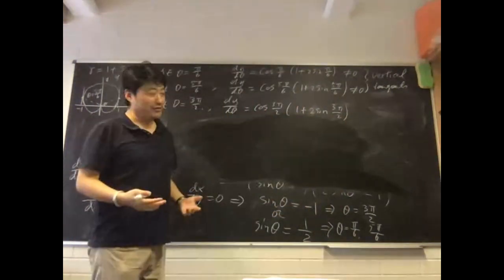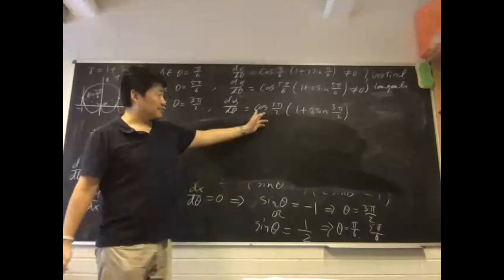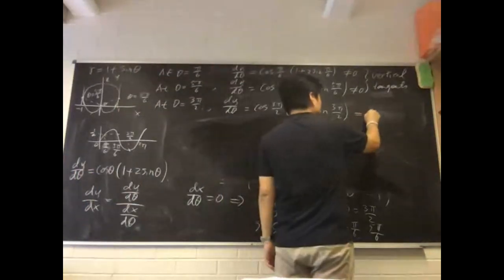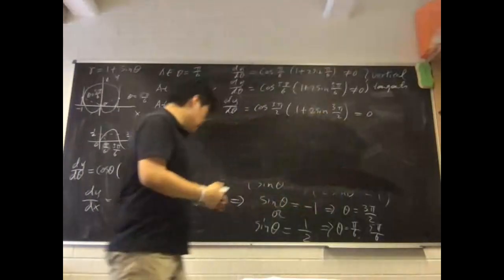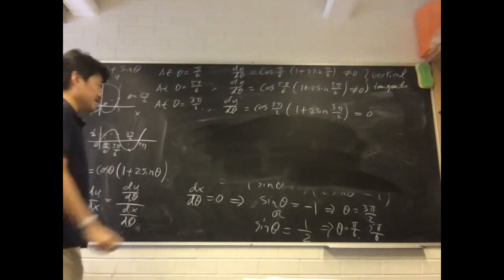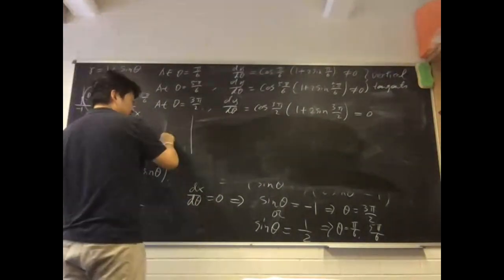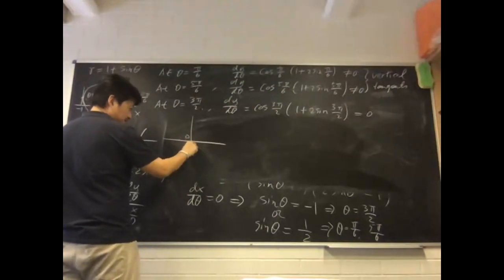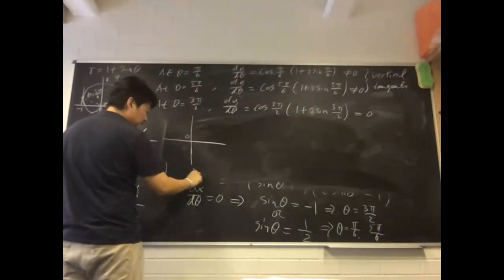Cosine is 0 at half integer multiples of pi, and this is precisely one of those. So this is going to be 0. So at 3 pi over 2, you actually get 0 over 0. Let's zoom in to that point and see what's actually happening.